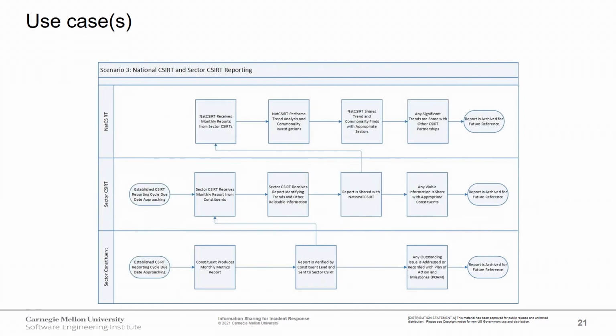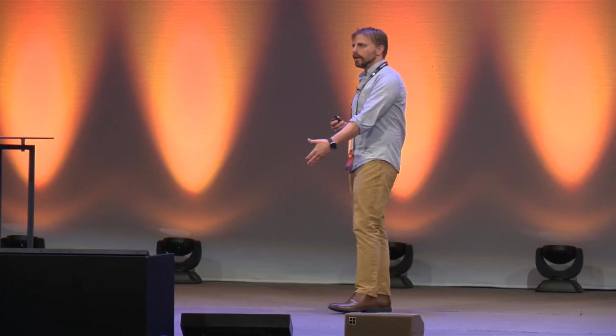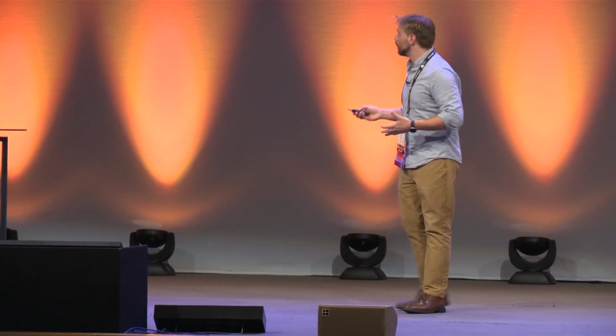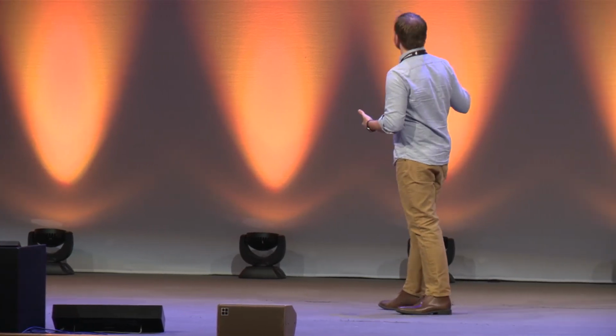Another use case is more led at the lower levels. So this would be led by the Sector CSIRT and its constituents. Reporting might go directly either to the member of the sector or to the Sector CSIRT itself. And then they're going to triage it individually, and then they're going to communicate here in the middle and say, how do we want to handle this? Is this something that we need to escalate to the national CSIRT?